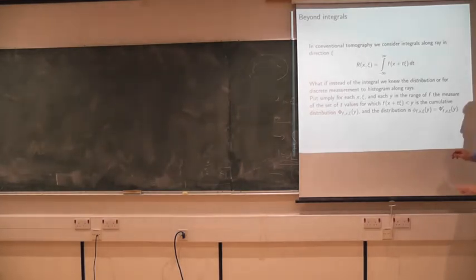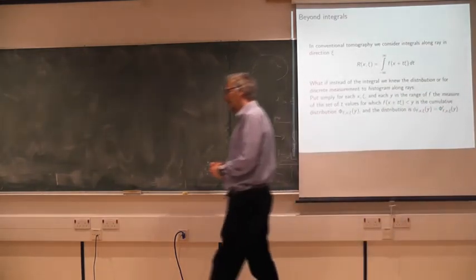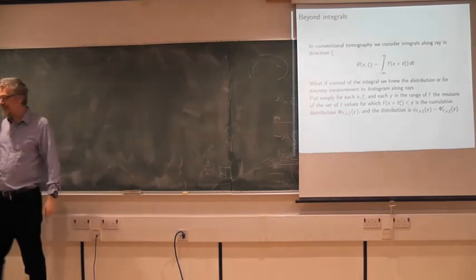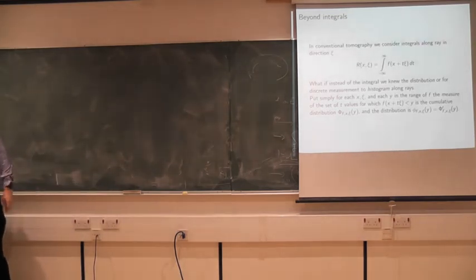You can either know the cumulative distribution, everything less than, or effectively everything between any two values. That's what I mean by distribution. In the discrete setting, if I put it into bins, that would be a histogram, and we're thinking of a histogram per line.